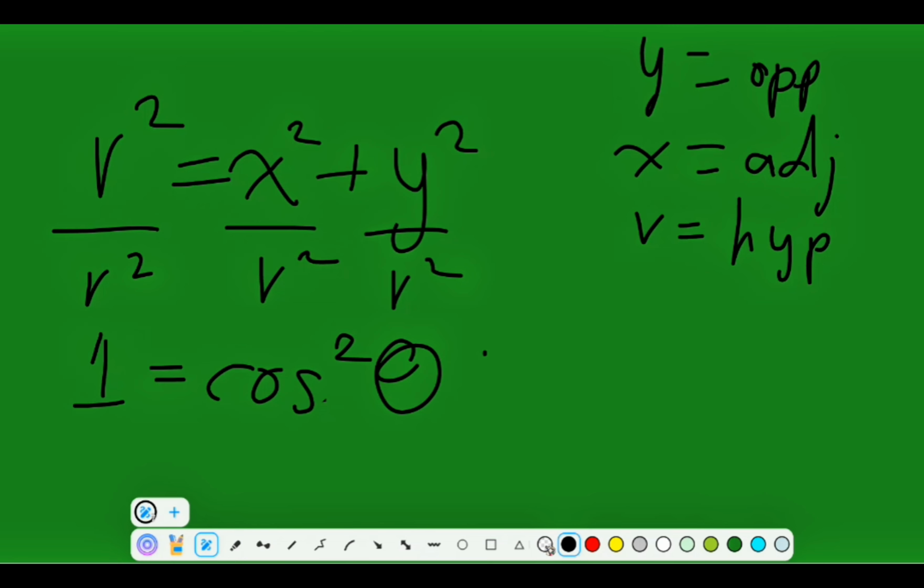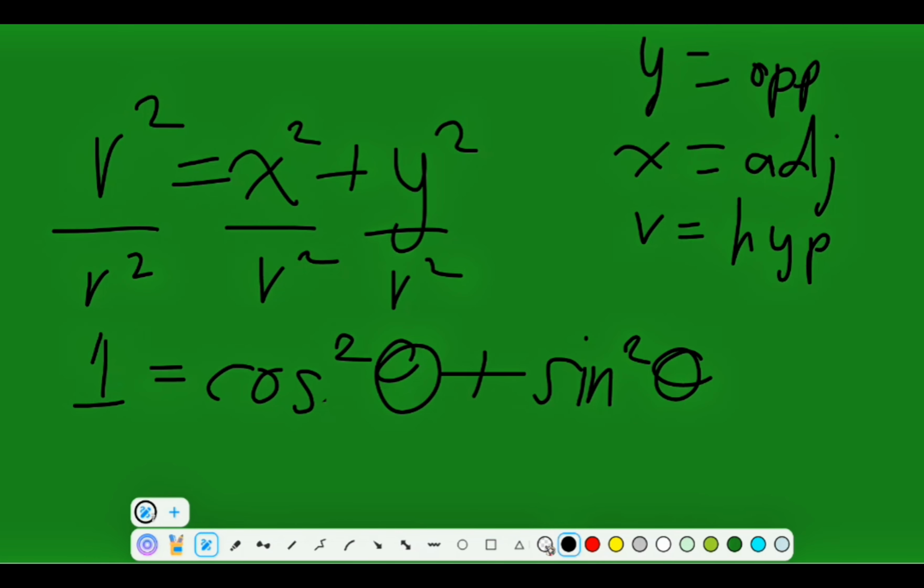You can also use the angle of omega. Plus y over r is opposite over hypotenuse, which is sin²θ. The reason they're squared is because x over r all squared is still the same as x squared over r squared. From just dividing by r squared, we were able to identify our first trig identity.